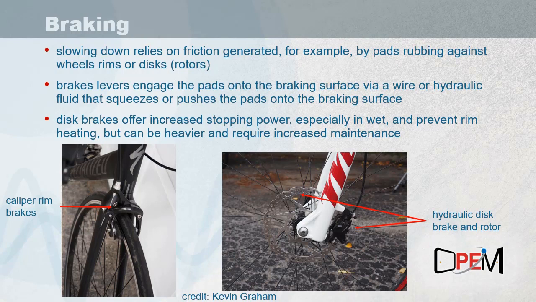This pulls a wire that's housed in the black cable, like the one you can see in the top right of that picture, that runs down to the calipers at the wheel. Pulling on the lever pulls the wire, which causes the calipers to squeeze closed, which causes the pads at the end of the brakes to come into contact with the rim, and then it's that friction between the brake pads and the rim that starts to slow you down.